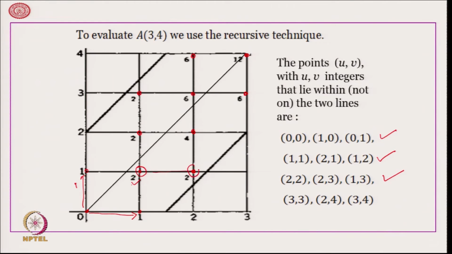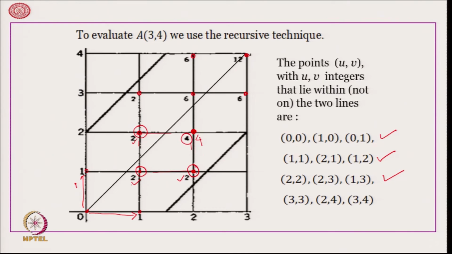Therefore, number of paths to reach this point is 2, and in a similar way number of paths to reach this point is also 2. Therefore, we can come to this point by any of these 2 paths or any of these 2 paths, and that gives us the count to be 4.